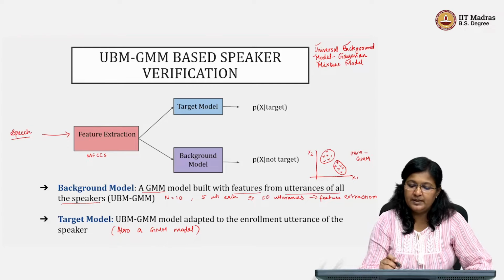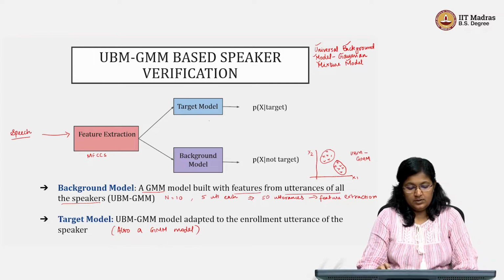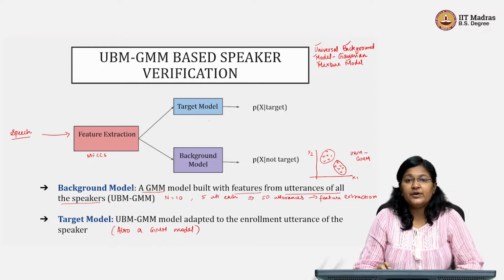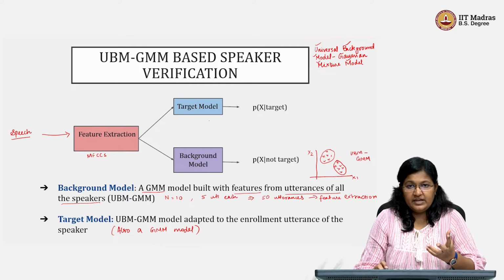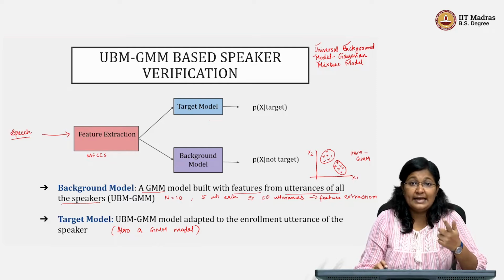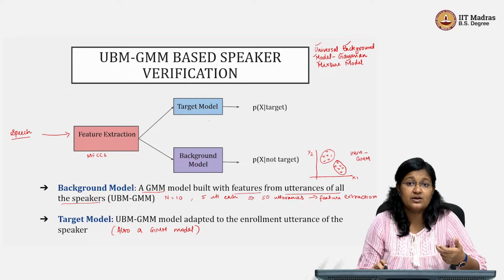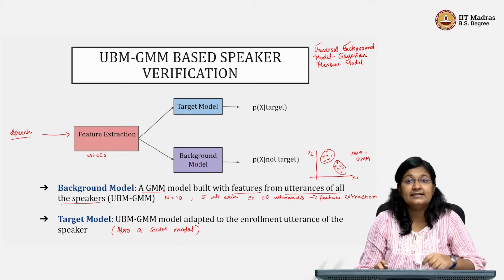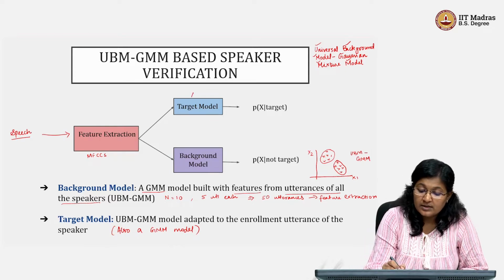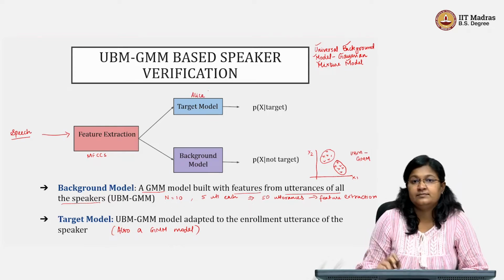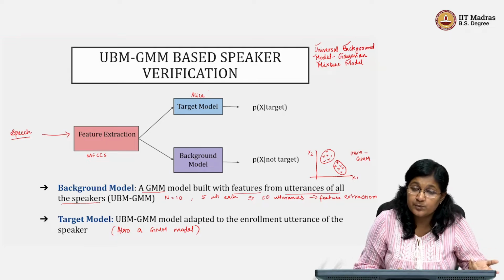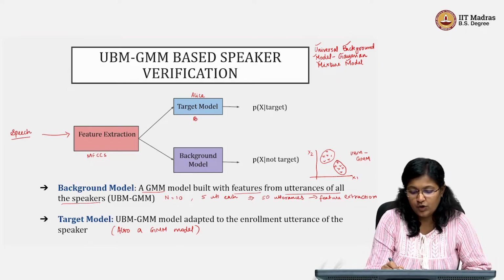Then I have to build a target model. Let's say I want to perform speaker verification for Alice. The unknown person claims his or her identity to be Alice. Then I will use the target model of Alice. If the person claims Bob, then I will use the target model of Bob.